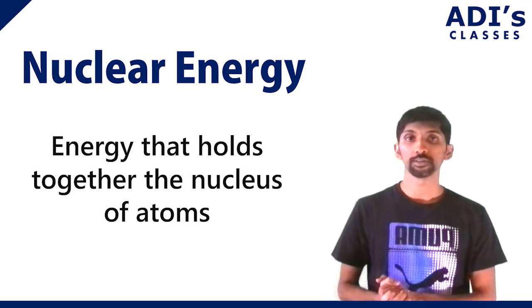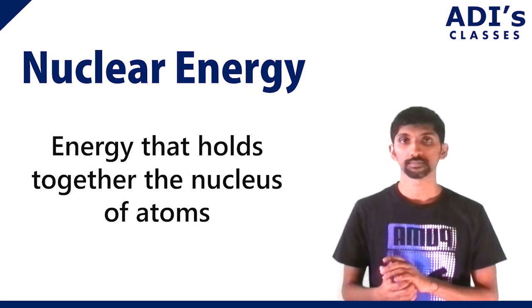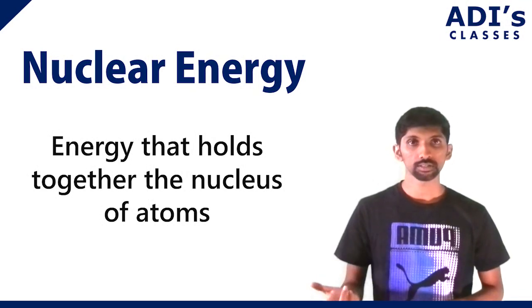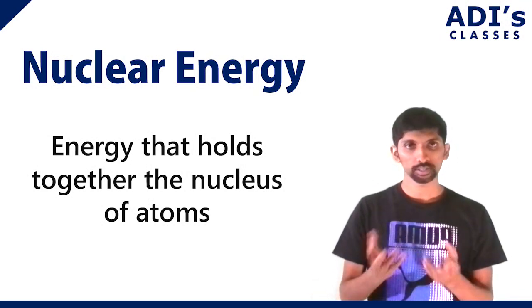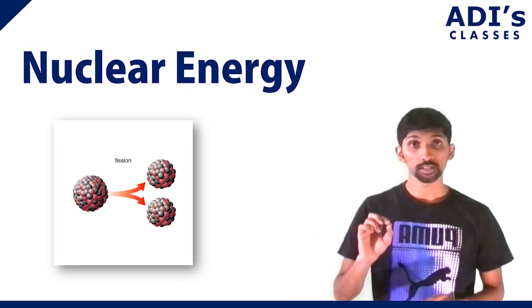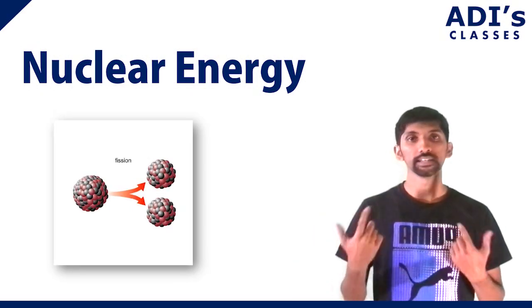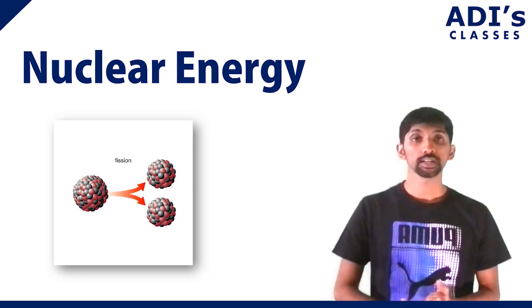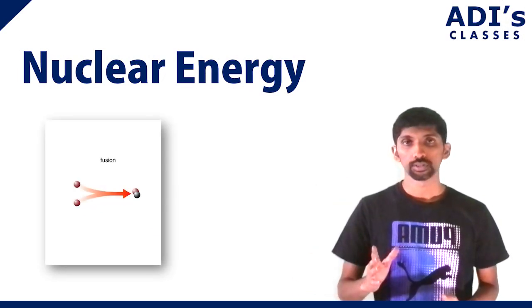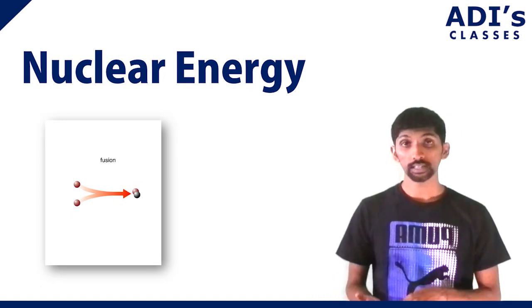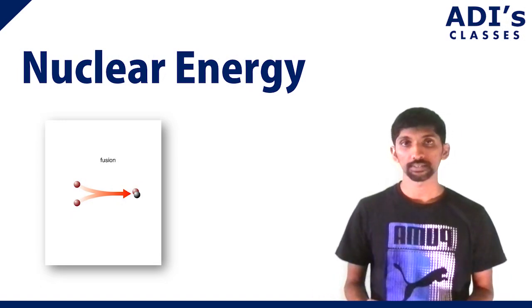For that, what we do is bombardment of particles. You have two types of nuclear reactions which are very popular, and you already know them: fission and fusion. Fission is where the nucleus splits and it releases energy. That's what happens in any nuclear reactor. Then you have nuclear fusion, where two lighter nuclei combine to form a bigger one. There also energy is released.